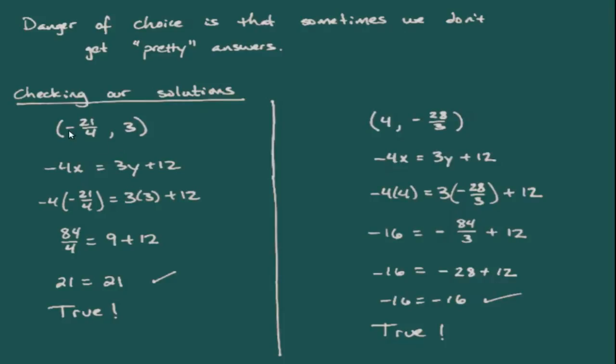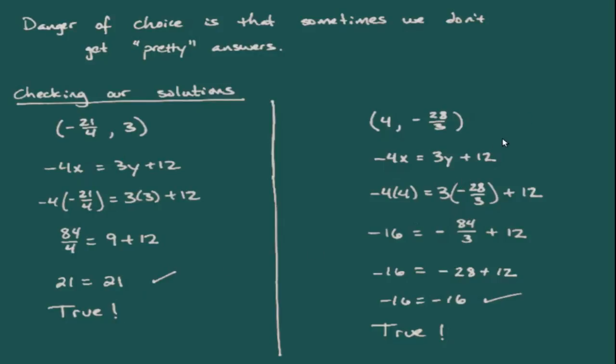If we took our first ordered pair of negative 21 over 4, comma 3, our x value is negative 21 over 4 and our y value is 3. 3 times 3 gives us 9, so on the right hand side we have 9 plus 12. On the left hand side we have negative 4 times negative 21 over 4, which gives us a positive 84 over 4, and 84 divided by 4 gives us 21. 9 plus 12 gives us 21 on the right hand side, a true statement, and therefore we have a solution.